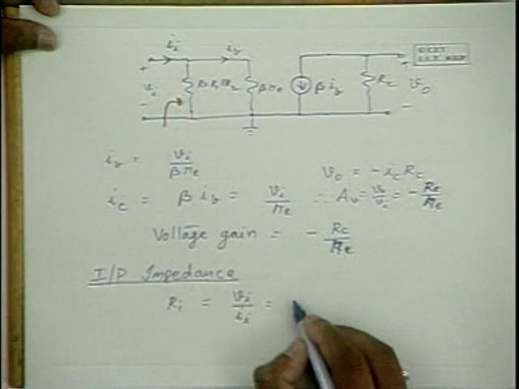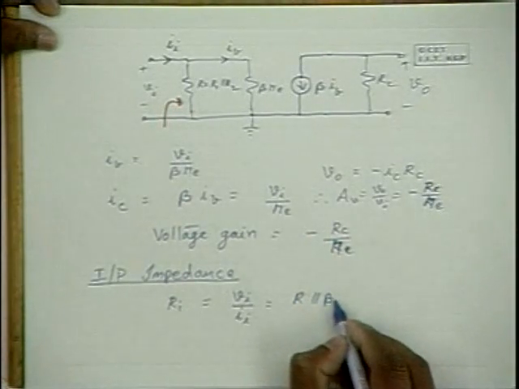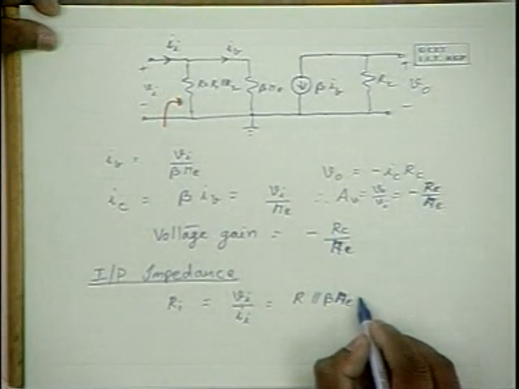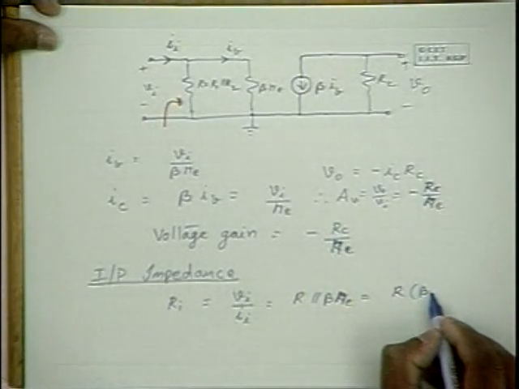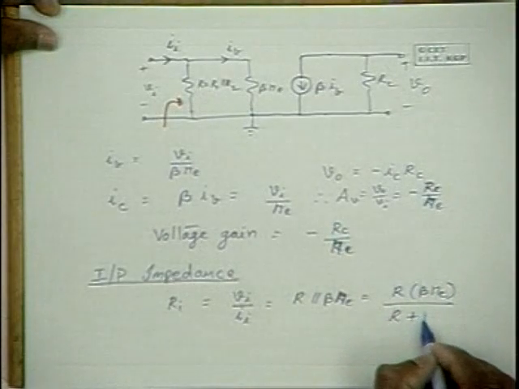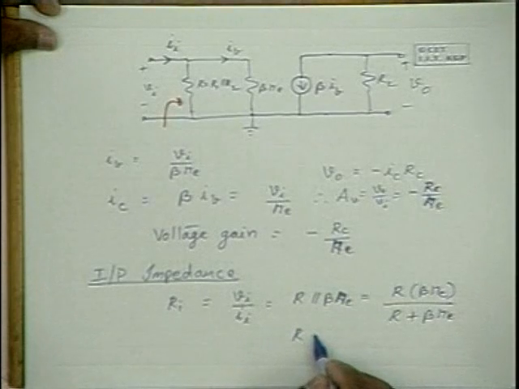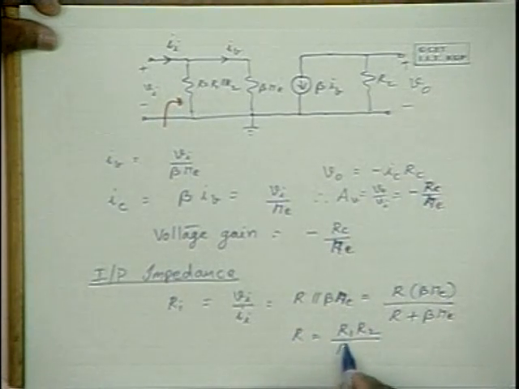Hence the input impedance is R in parallel with beta Re, which is equal to R into beta Re by R plus beta Re, where R itself is the parallel combination of R1 and R2, therefore it is R1 R2 by R1 plus R2.